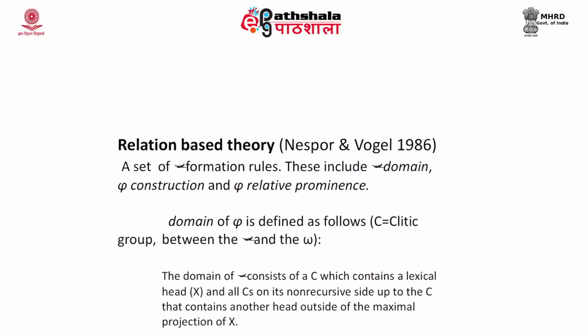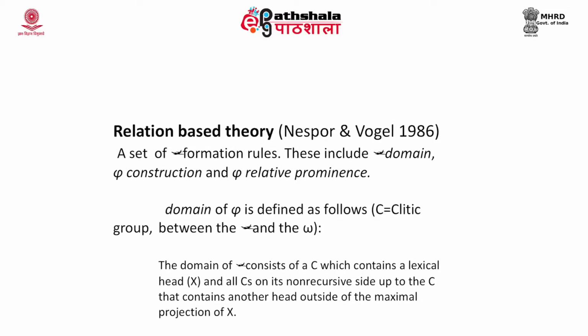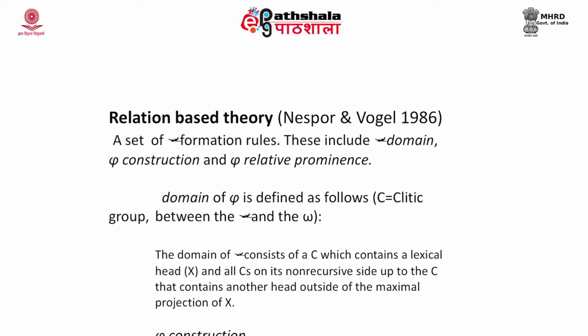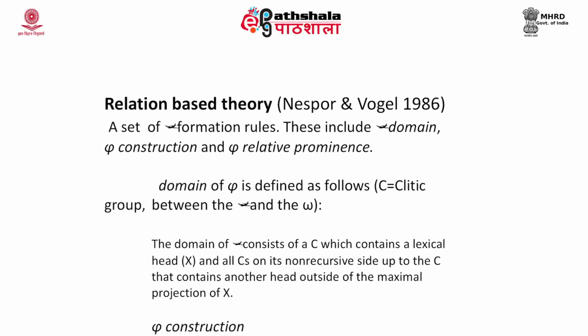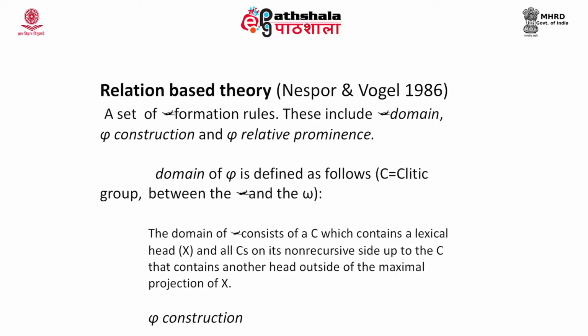The relation-based theory makes use of three principles of phonological phrase formation. These include the phrase domain, phonological phrase construction, and phonological phrase relative prominence. These are shown on the screen. Take a look at them closely. The domain of the phonological phrase is defined as follows.